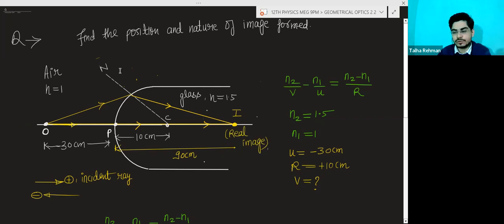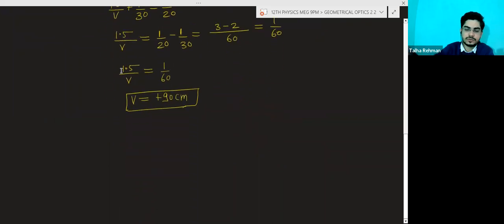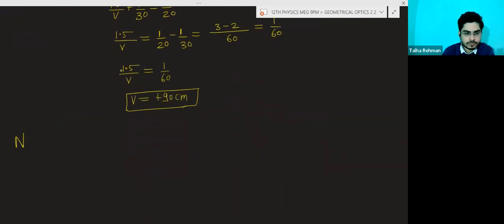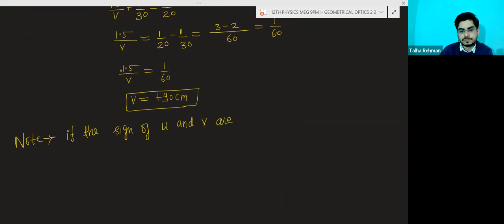But not every time you will draw the ray diagram. So note down one thing. If the sign of U and V are opposite, then real image will be there.